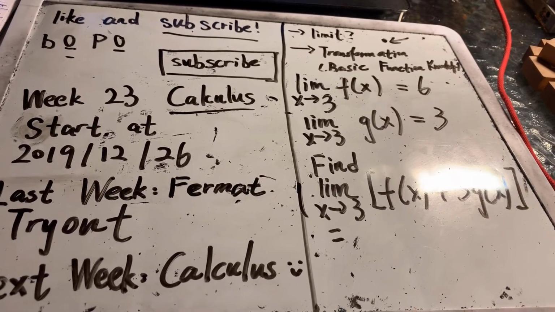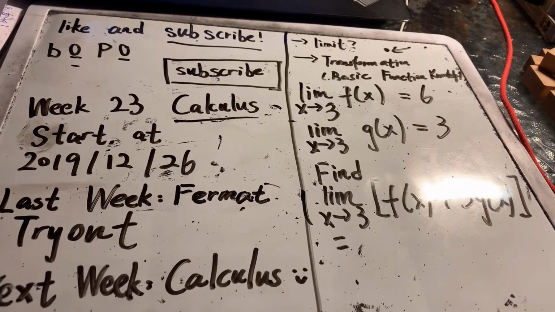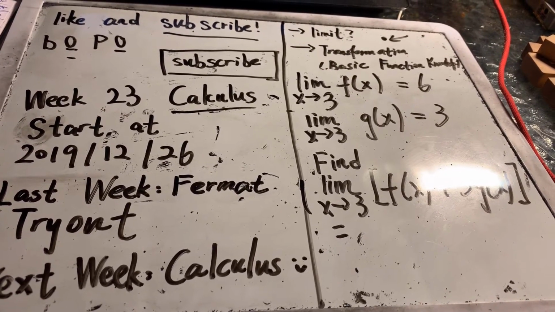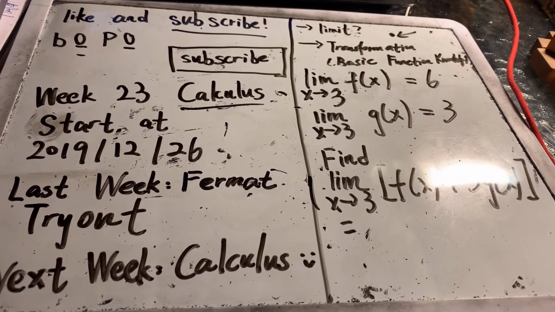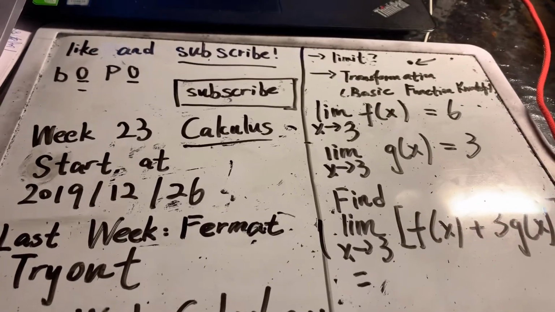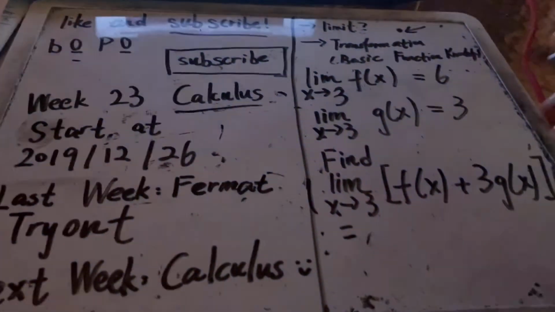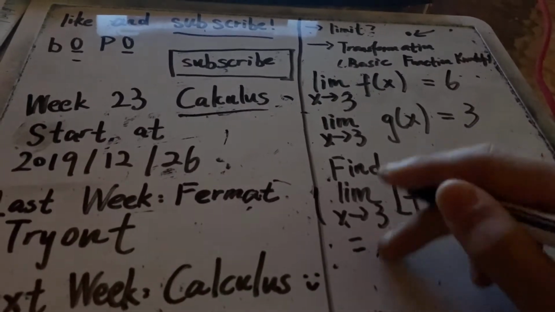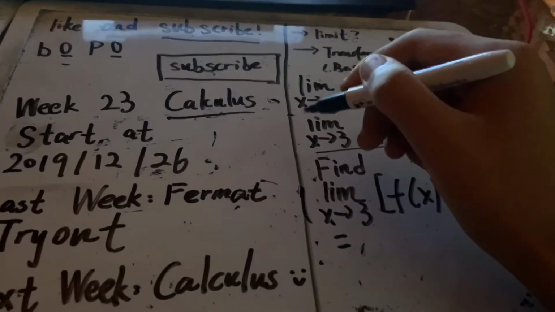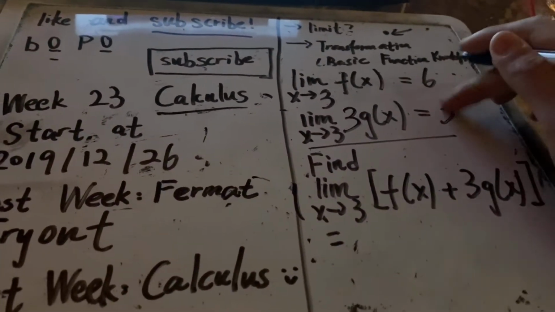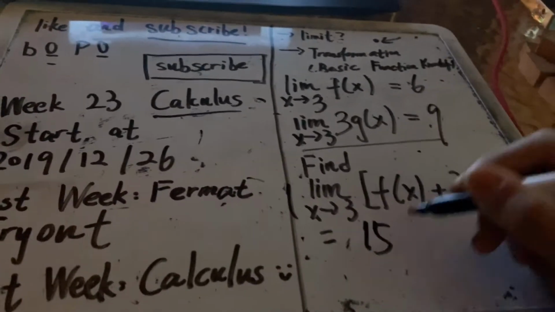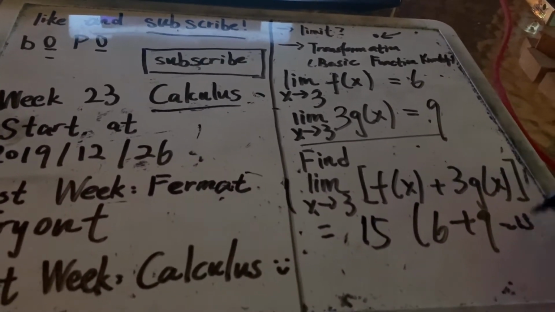I'm going to give you 20 seconds to find the answer. Okay, 20 seconds is up. For the limit of g(x), using the division rule, we get that the limit of 3g(x) is equal to 9. And using the sum rule, you get the final answer of 15, because 6 plus 9 is 15.